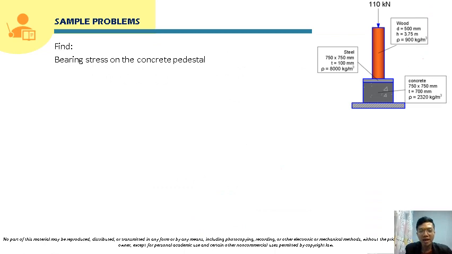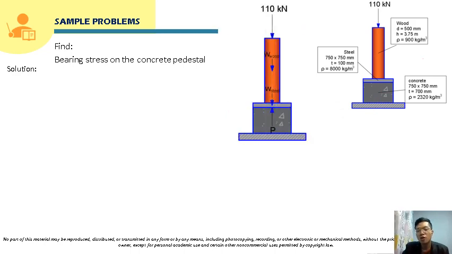Again, to solve for the bearing stress on the concrete pedestal, we have to solve first for the bearing force or the compressive force that we will have in the concrete. So we are going to solve for this force P because this will be the bearing force.